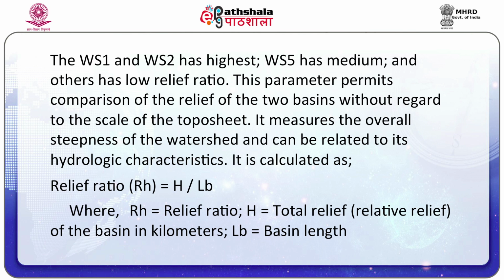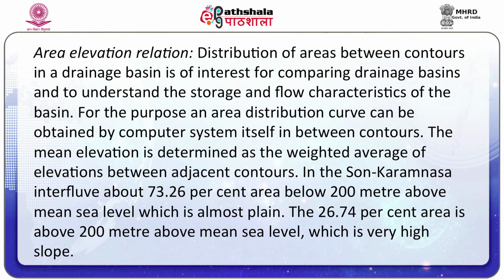This parameter permits comparison of the relief of two basins without regard to the scale of the topo sheet. It measures the overall steepness of the watershed and can be related to its hydrologic characteristics. It is calculated as area elevation relation.